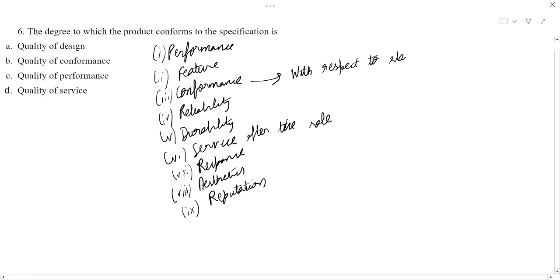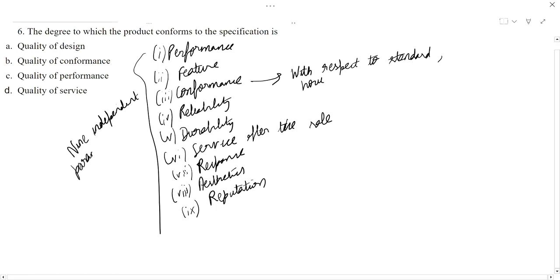So these are the 9 independent parameters related with quality. So conformance means, with respect to standard or specifications, how good or how close a product is.